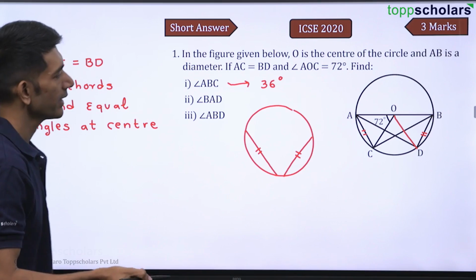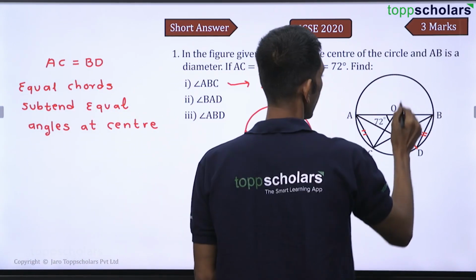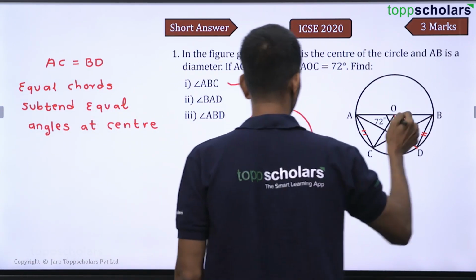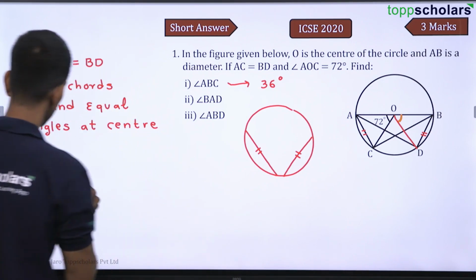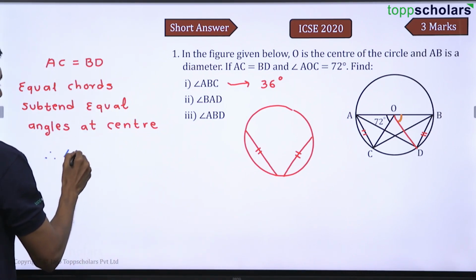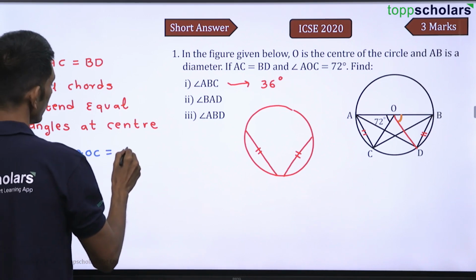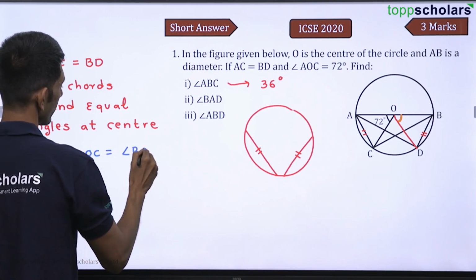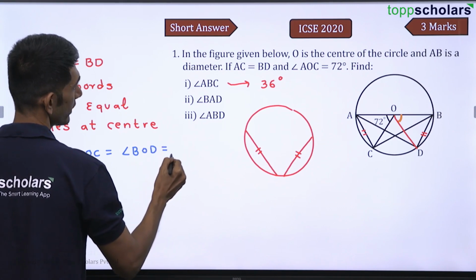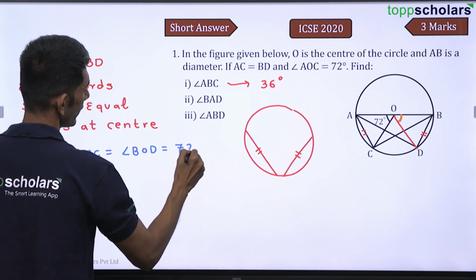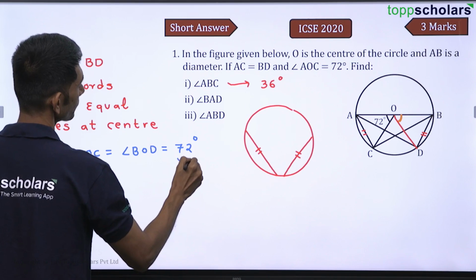So tell me one thing, if angle AOC is 72, how much will be angle BOD? So here can I say angle BOD will be equal to AOC, therefore angle AOC is equal to angle BOD is equal to 72 degrees, right?